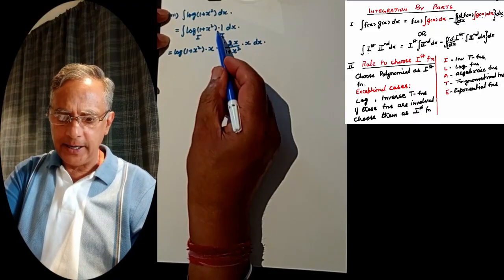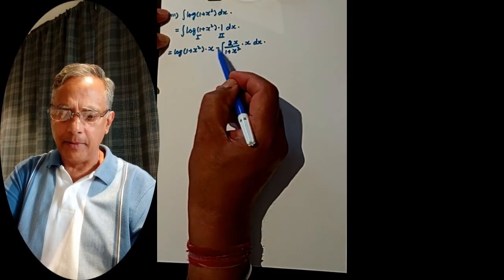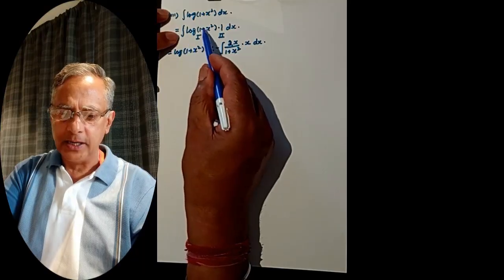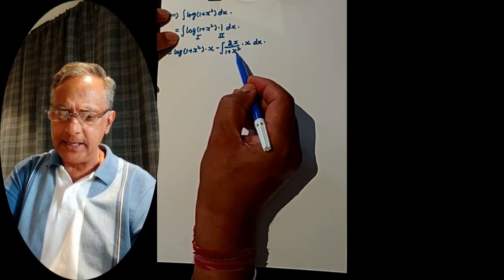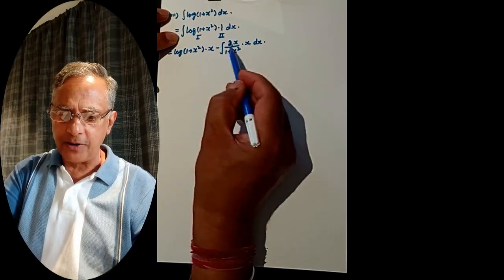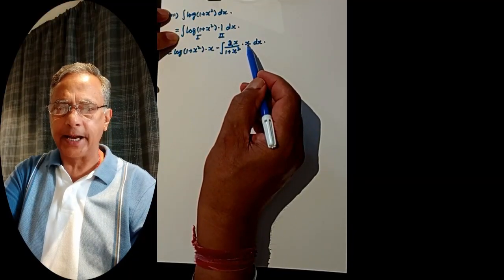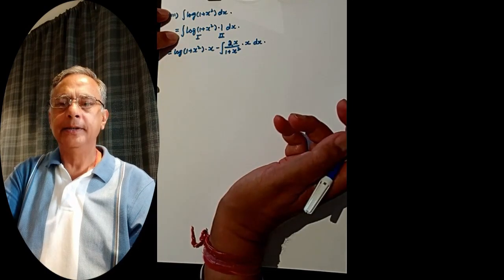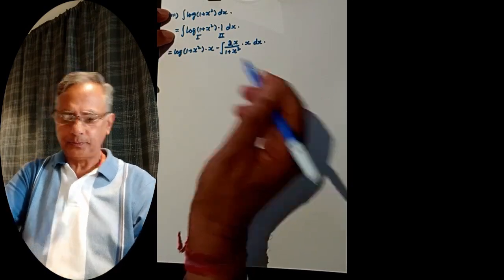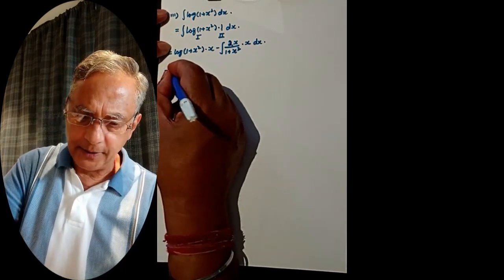First function into integration of second minus integration of differentiation of this. Differentiation of this is 1 over 1 plus x square, and differentiation of inner function is 2x. So 2x over 1 plus x square into integral of second function, that is x dx. Now we solve this.